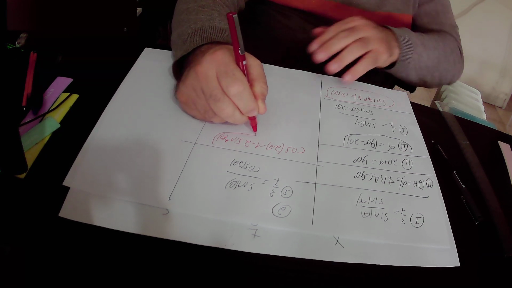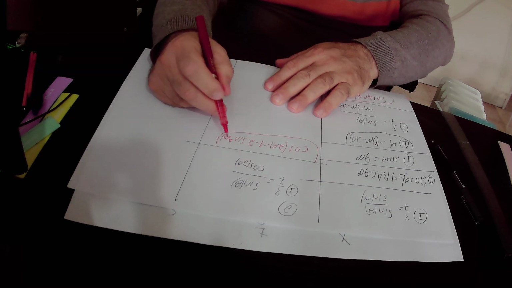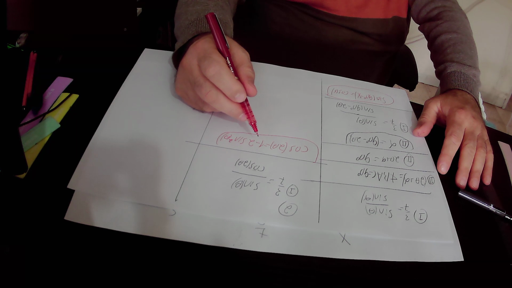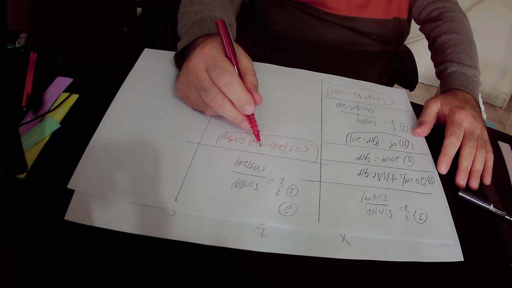Therefore, we can substitute cosine 2 theta in equation number 1 by 1 minus 2 times sine square theta.